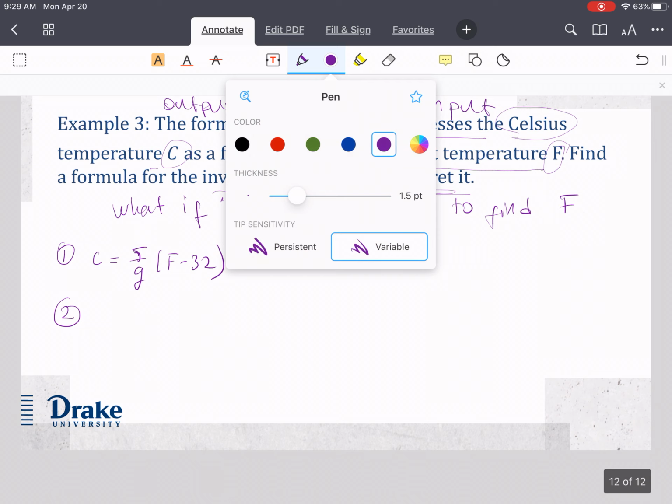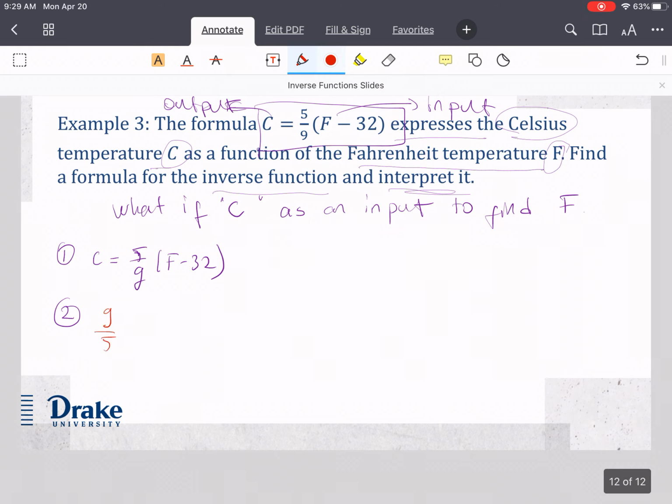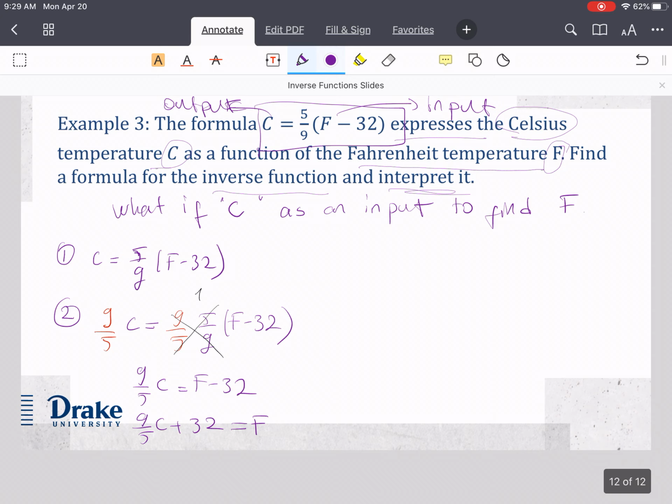So what's going to happen then is you'll get 9 over 5 times C equals 9 over 5 times 5 over 9 times F minus 32. That's going to cancel out, because this becomes 1. And then next thing we're going to do is, we know 9 over 5 C equals F minus 32. I'm going to add 32 to both sides, so 9 over 5 C plus 32 equals F.